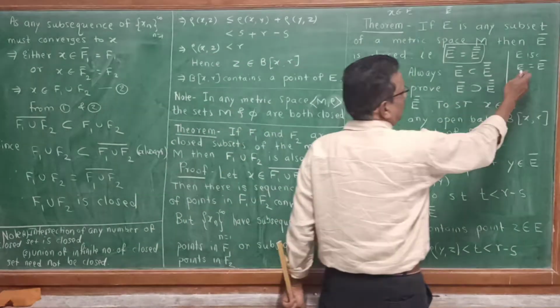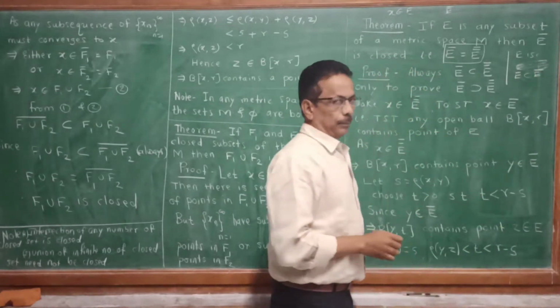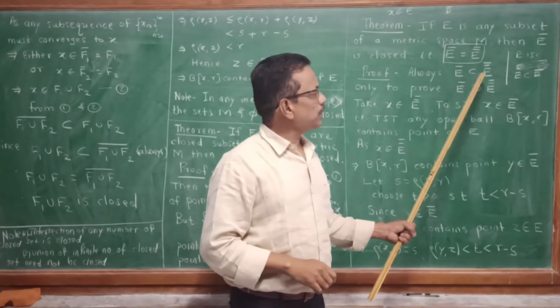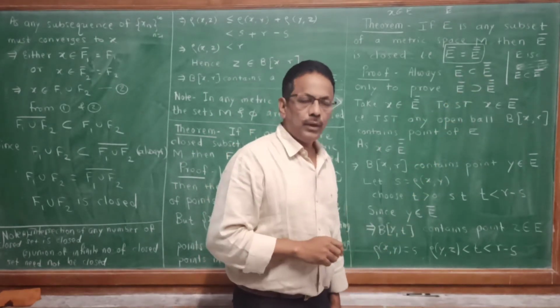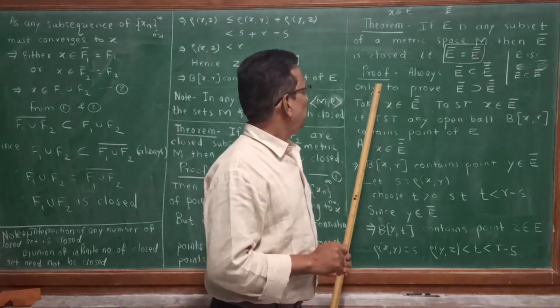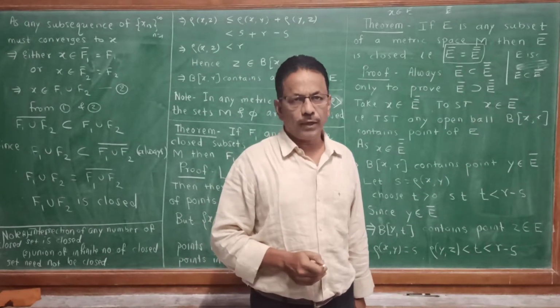When E is closed, then always E is a subset of E bar. Here always E bar is a subset of E double bar, isn't it? Because E bar is closed. Therefore, E bar is a subset of E double bar. Now we only have to prove that E bar contains E double bar.